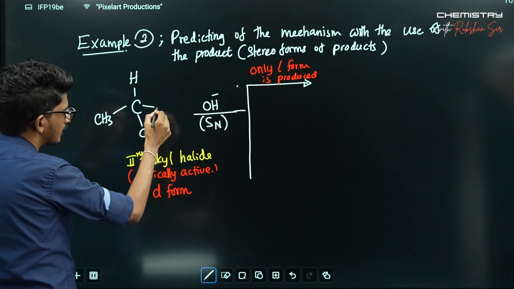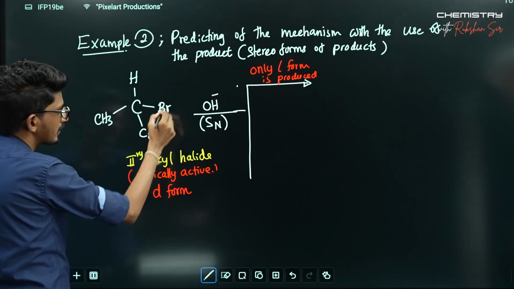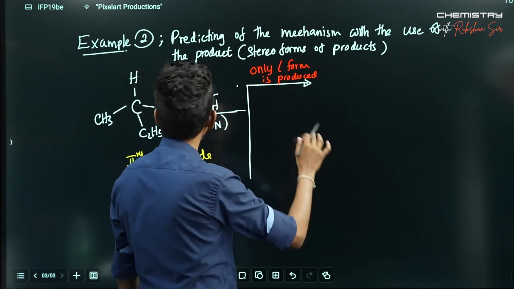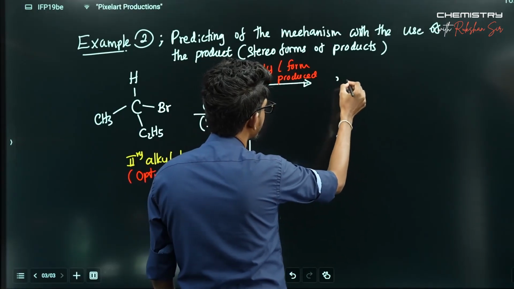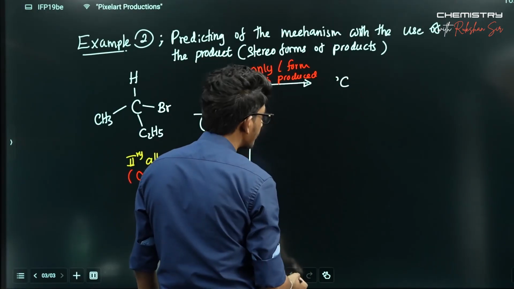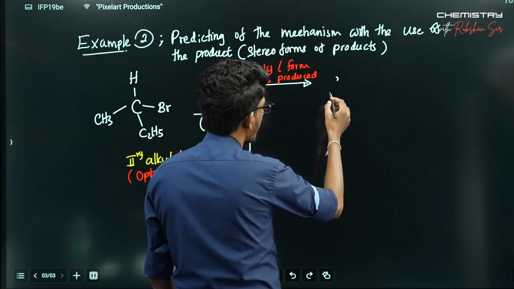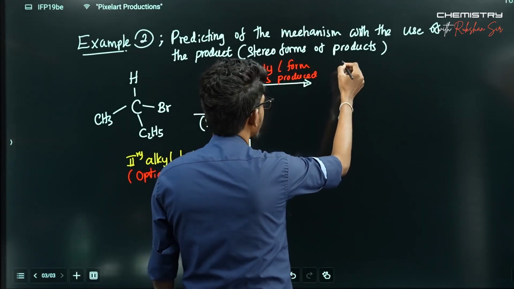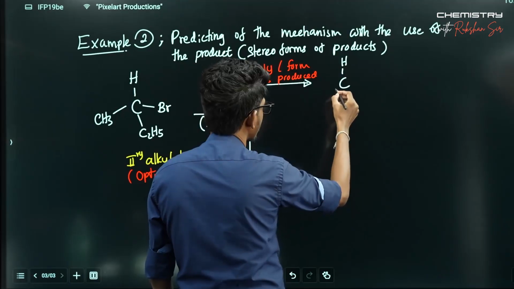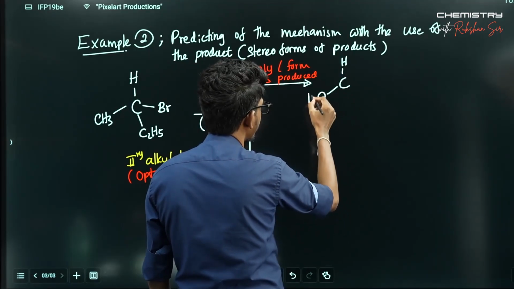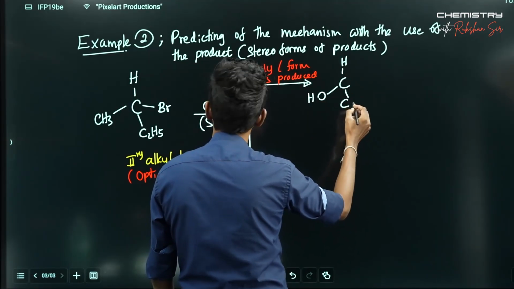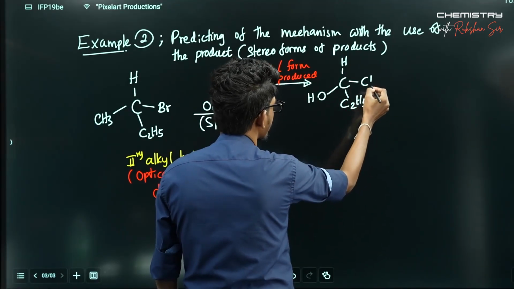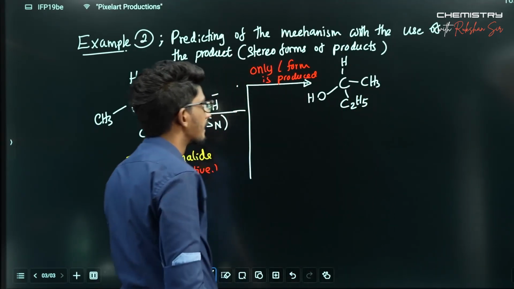So if they have said that only the L form is produced, that means this is the other form.